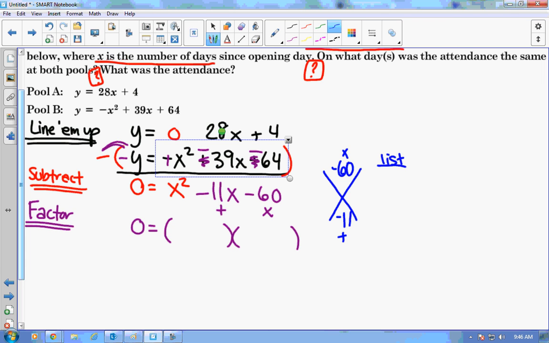Do a list if you need to. I think 5 and 6 multiply to positive 60 and add to positive 11. Oh, that's true. And they multiply to positive 30 and add to positive 11. Okay? 15 and 4? Negative 15, positive 4. Does that add to negative 11? Good. Good work, Bryson. So x minus 15 and x plus 4.